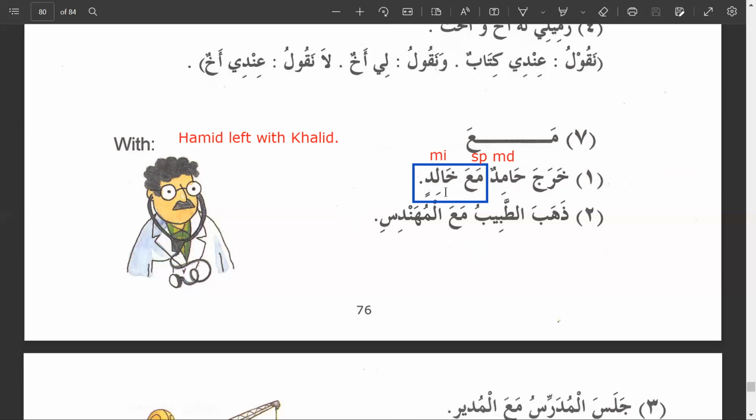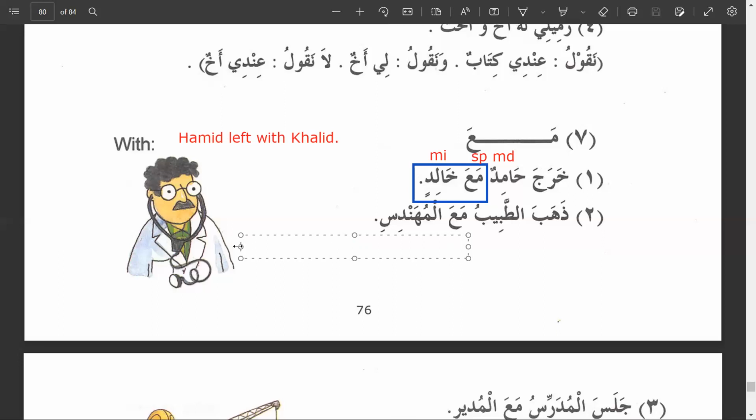Now the next sentence. Zahabat tabibu. Tabibu is doctor.